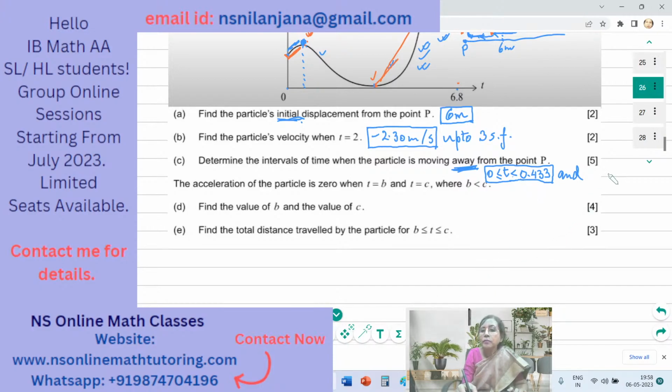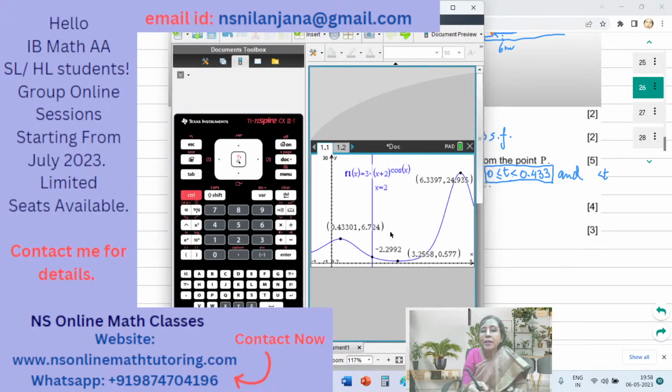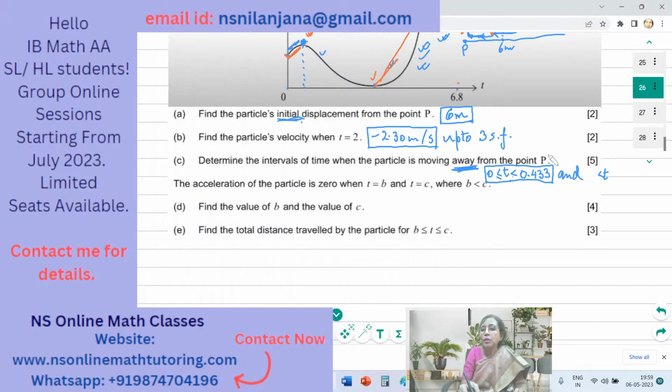And the other interval is t greater than 3.26. See this one? 3.26, the minimum point. Don't get confused with this. This was the velocity. This is the minimum point, 3.26, up to 3 significant figures, of course.